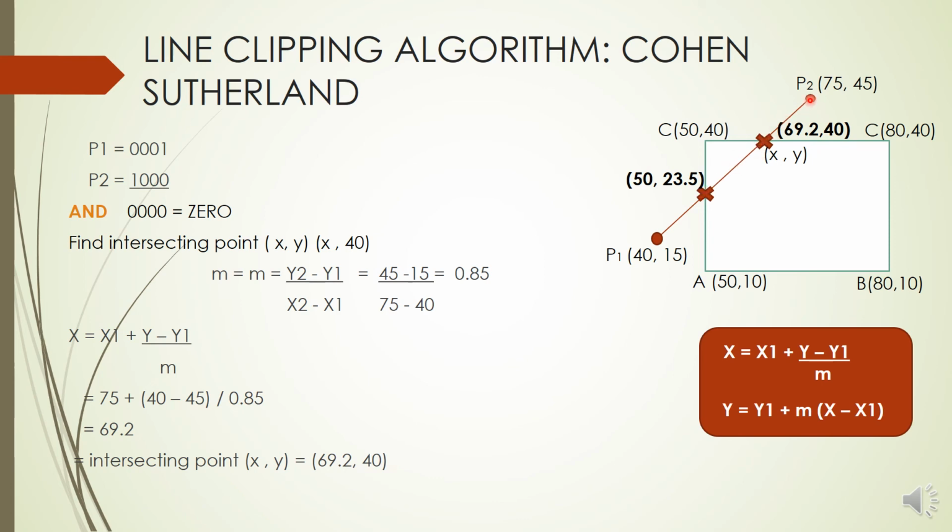But from this to this will be clipped and rejected, and this one until this one also will be clipped and rejected. The part inside the clipping window will be displayed, and the part outside will be discarded. So this is how the Cohen-Sutherland line clipping algorithm works with this example.